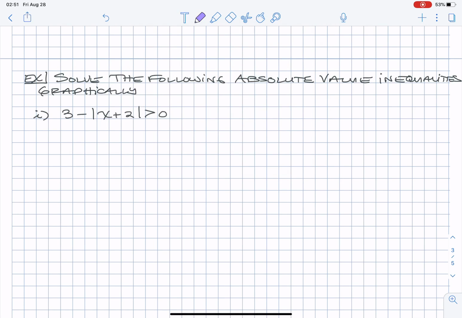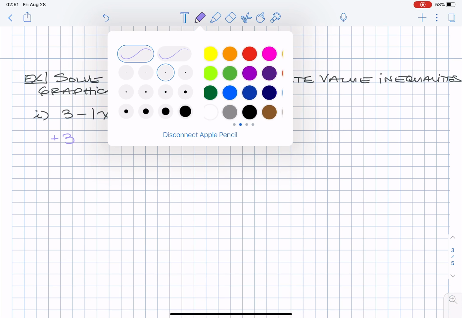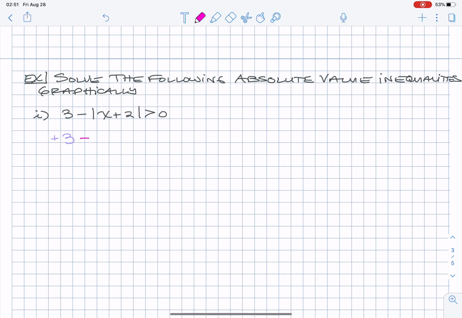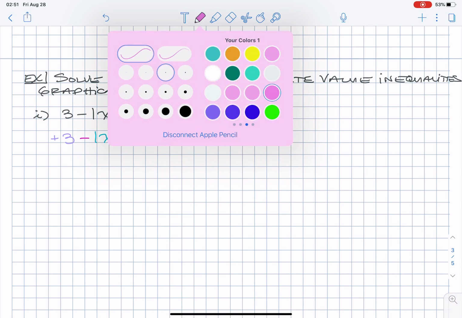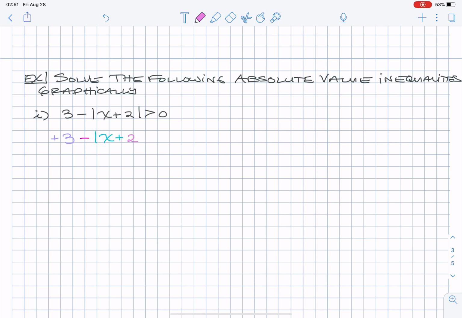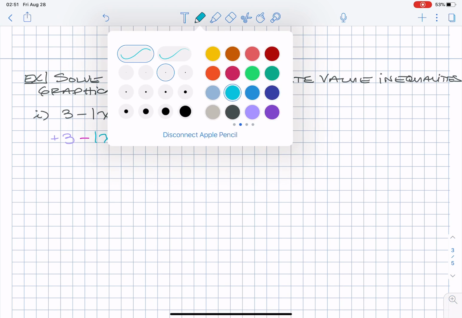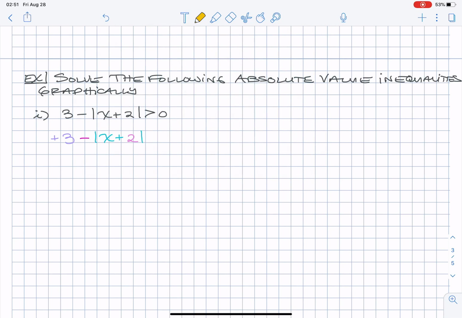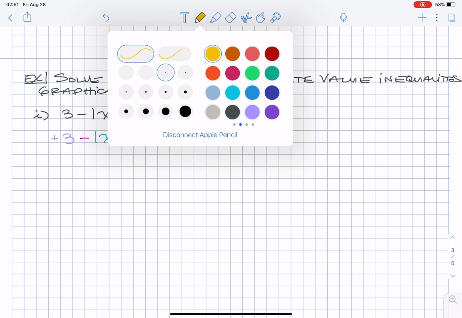Okay, so I'm going to color code this as plus 3, then minus the absolute value of x plus 2 is strictly greater than 0.